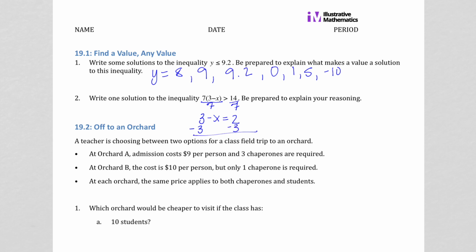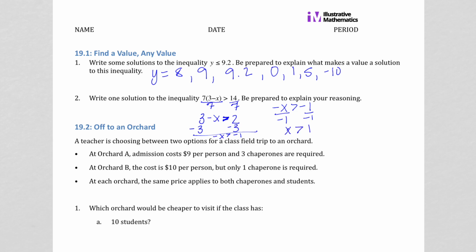So we'll get, and actually I need to leave that as a greater than sign. So we'll have negative x is greater than -1. I know that was really small down there, so that's why I'm running it to the side. We divide by -1 to get rid of that negative. We will have x is greater than 1.